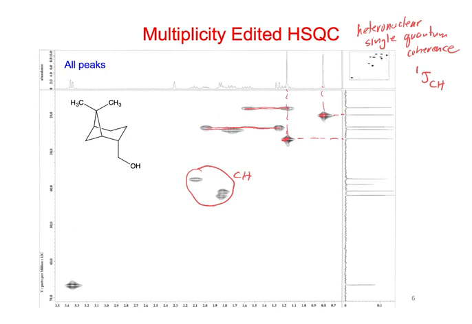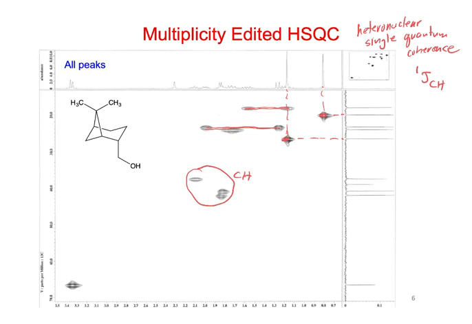But what we can also do in this experiment, this one is called a multiplicity edited HSQC. What that means is you can run it so it's like an HMQC and a DEPT experiment all put together. So some of these peaks are going up and some of them are going down.